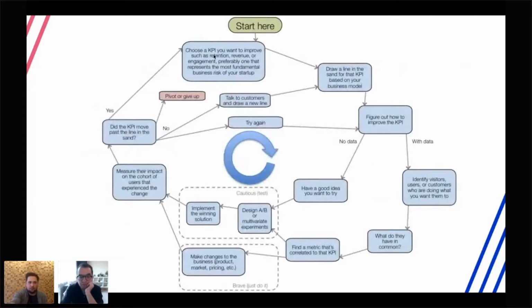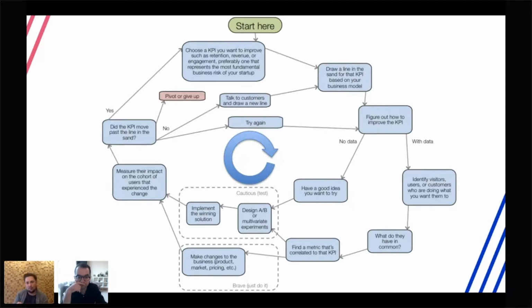So you choose a KPI you want to improve, you set a target value for it, and you figure out how to improve the KPI. And why is this cycle good for B2B businesses? Because in B2B companies, very often you are not operating on high volumes of data, traffic, or conversions.